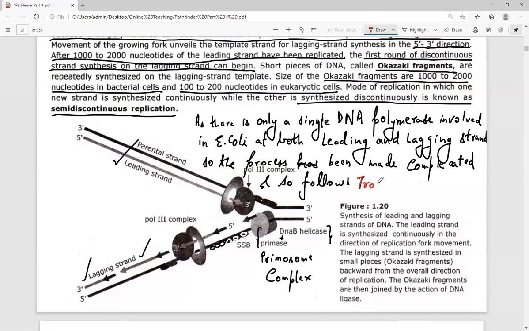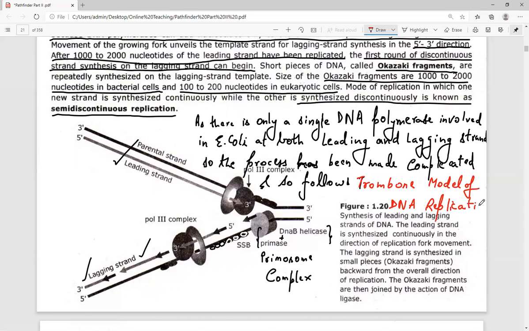Now, how does the trombone model of DNA replication take place? That we have to see.